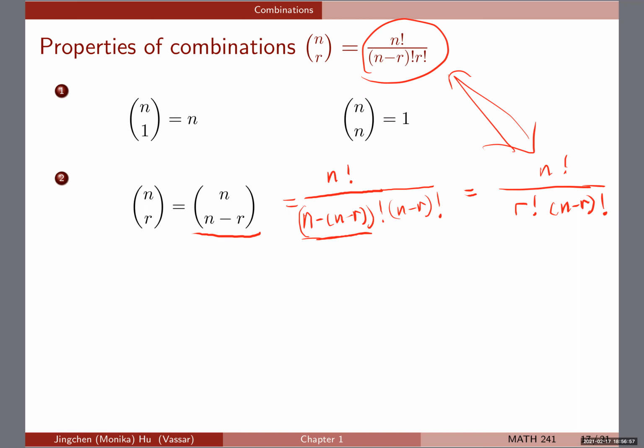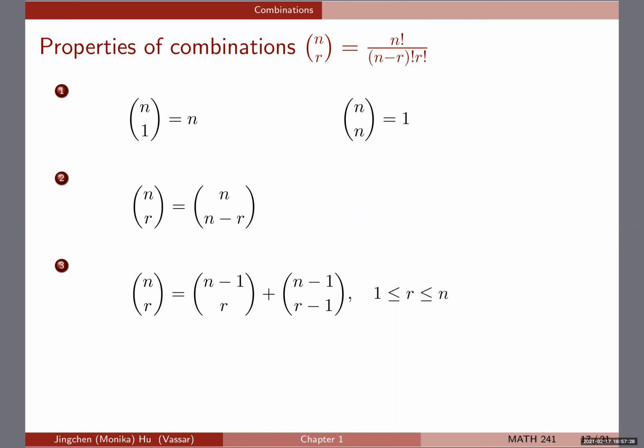If my goal is to choose r objects out of n, it is equivalent to choosing the n minus r objects not to be selected. The left-hand side is that I'm choosing the r to be selected, and the right-hand side is that I'm choosing the n minus r to be not selected, but then they should give me the equivalent number of scenarios or number of combinations I can do. Okay, so that's why they're equivalent to each other. So make sure that you know how to do it mathematically as well as intuitively.